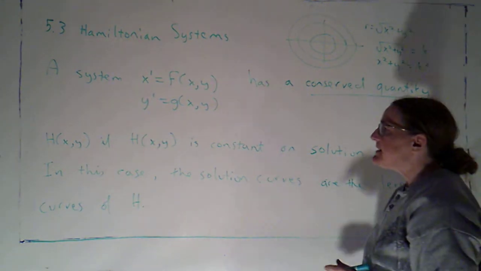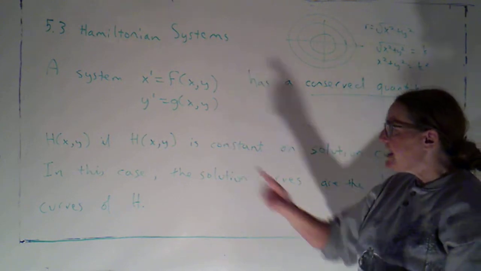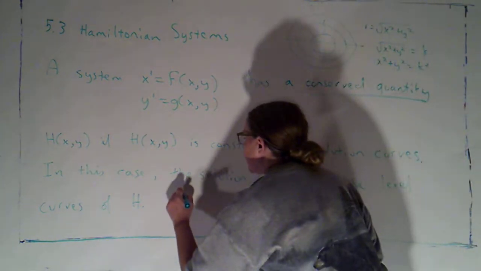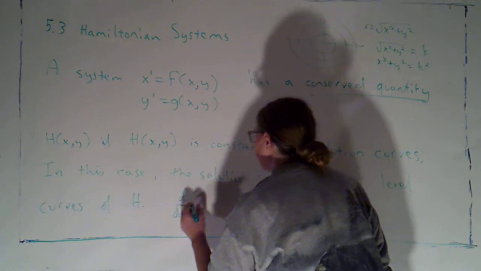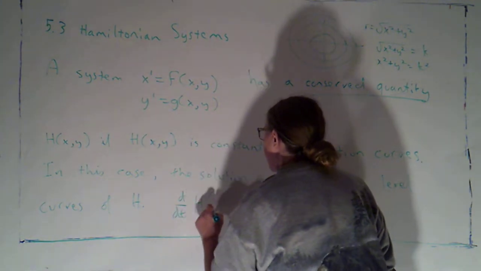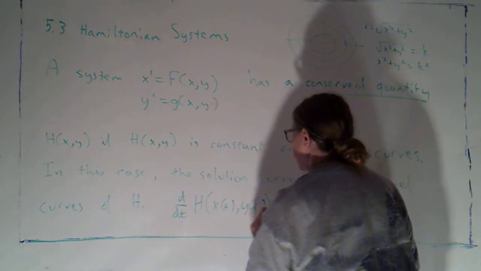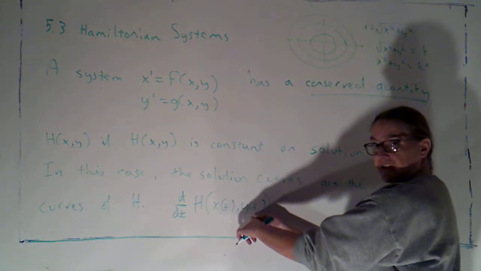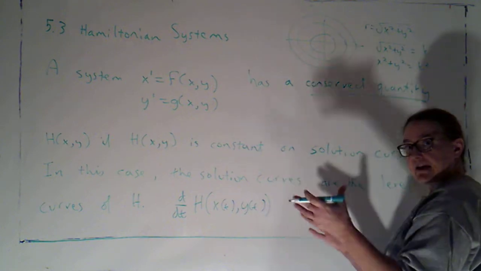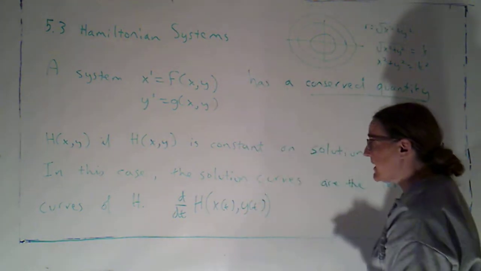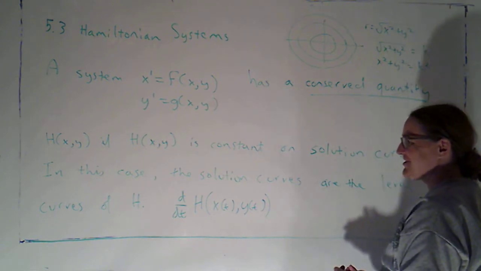Now, notice, if this is the case, if h is conserved on my curve, then I know that the derivative of h of x of t, y of t, so h is a function of x and y that's describing a curve in the xy plane, but x and y are functions of t that satisfy this differential equation.